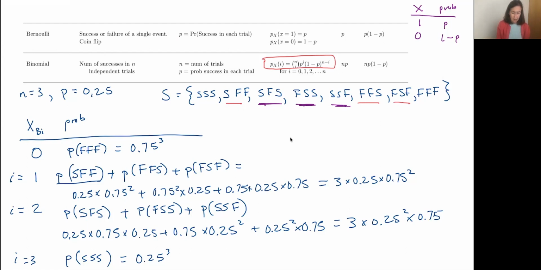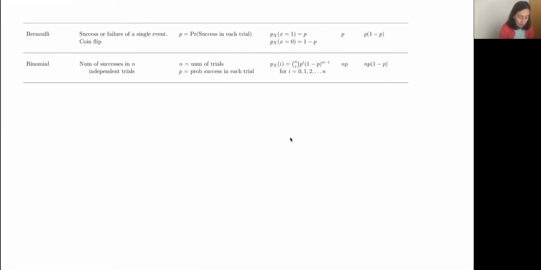Let's think about what that means. And what I'm going to do is take some of this information over to the next page here. Okay, so reminding ourselves what we're looking at here is a binomial random variable with n equals 3 and p equals 0.25.